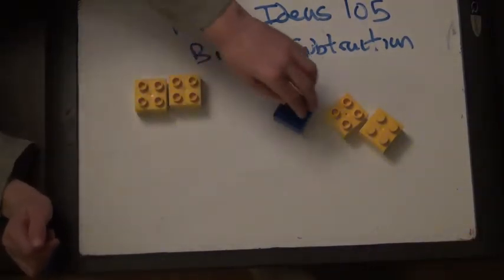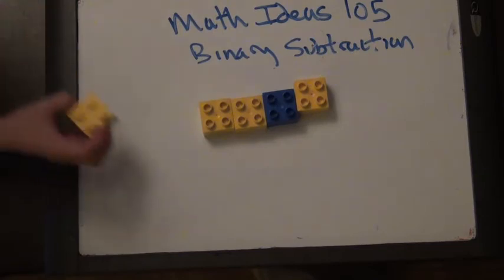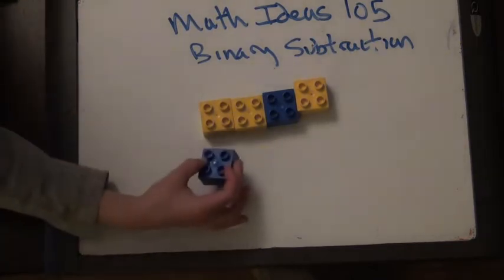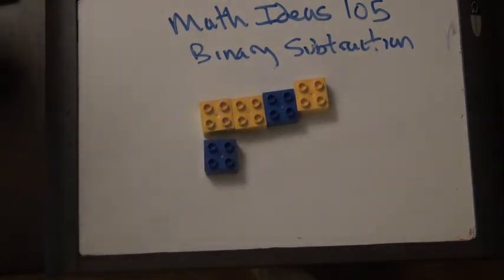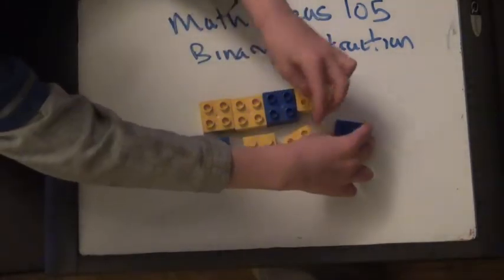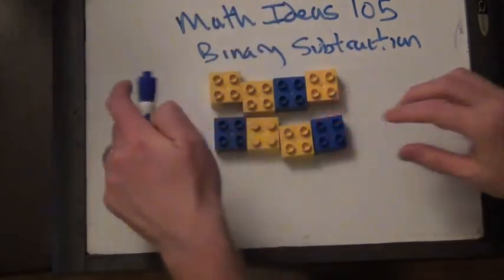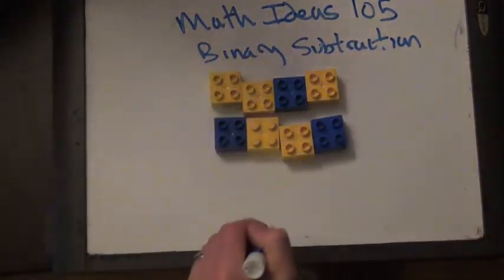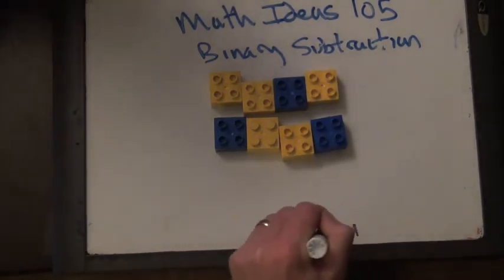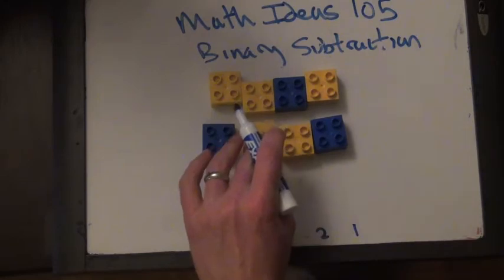However you want, whatever numbers you want to make, it's fine. 1, 1, 0, 1 minus 0, 1, 1, 0. Wow, this will be a good one. I like this one. So this is 1, 2, 4, 8.